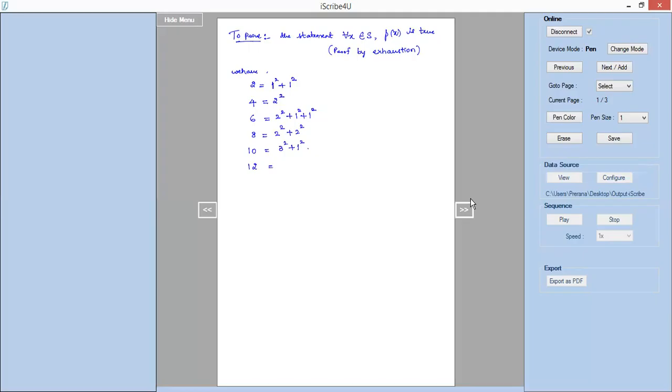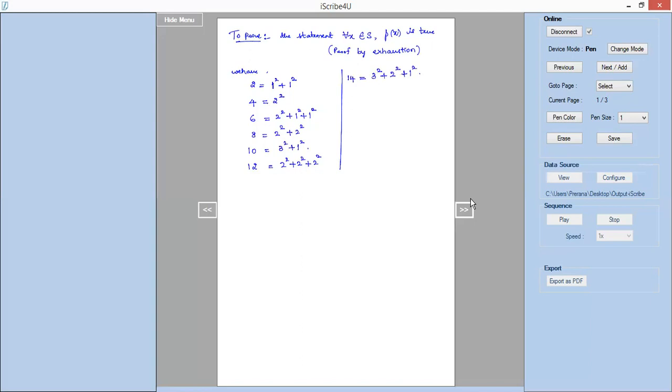Then we have 12. All even integers we have to do. So 12 can be represented as 2 square plus 2 square plus 2 square. See to it that you are able to express it as a sum of at most 3 perfect squares. Okay. Then we have 14. 14 can be represented as 3 square, which is 9, plus 2 square plus 1 square.